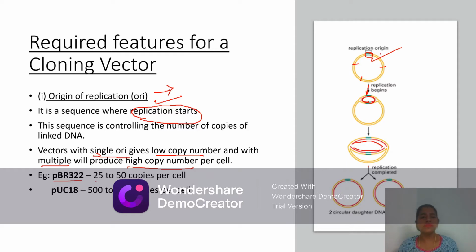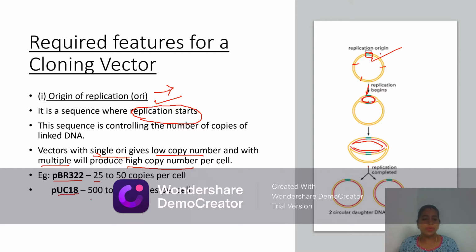Here I have given some examples. pBR322 is an exclusive cloning vector used in genetic engineering experiments. It will give 25 to 50 copies per cell, so it has that many origins of replication. The next one, pUC18.